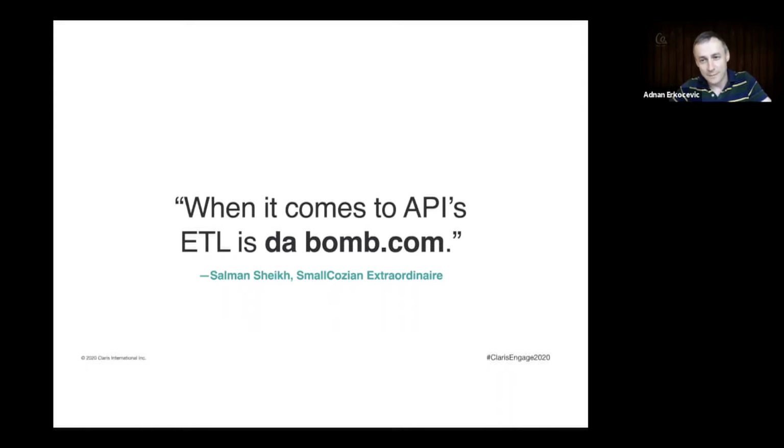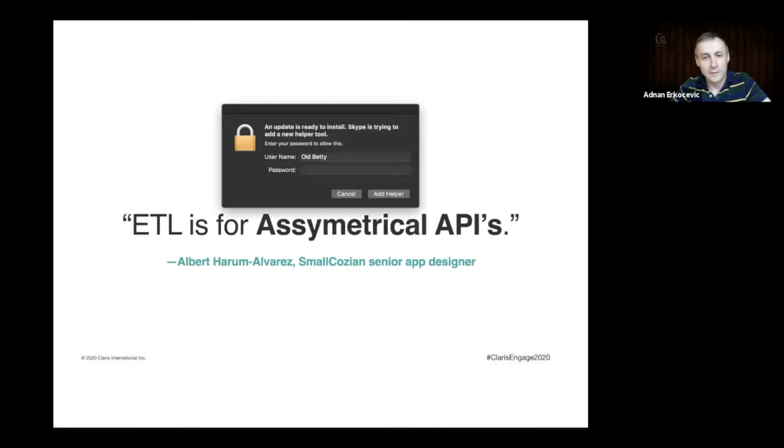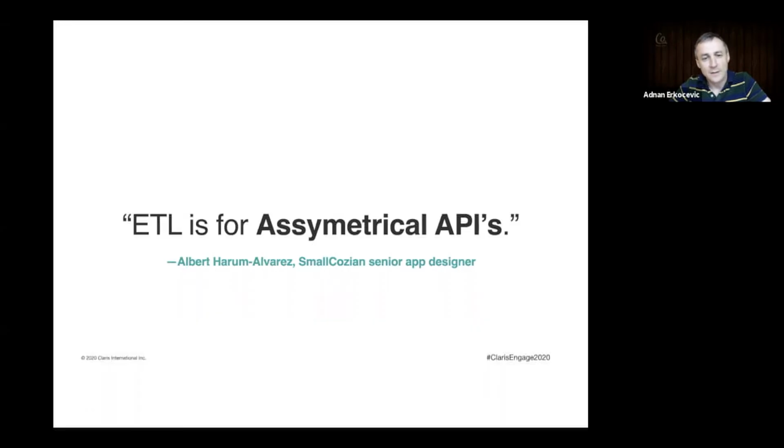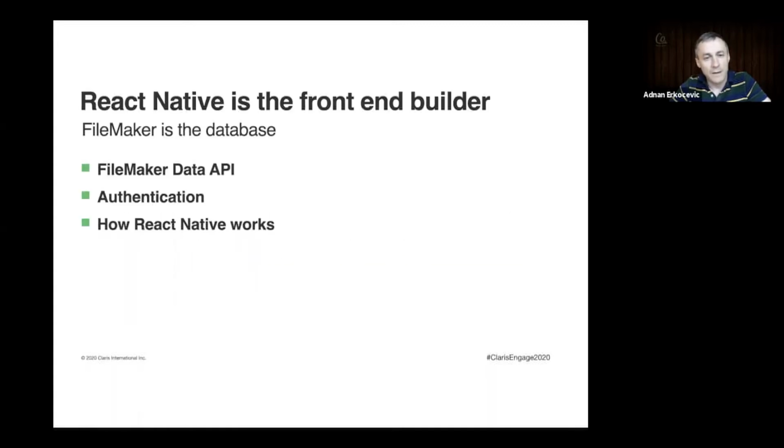I was making a survey, and Salman Sheikh said, when it comes to APIs, ETL is dabomb.com. And I called Albert once on his satellite phone, and he said, ETL is for asymmetrical APIs. But now over to the real stuff.